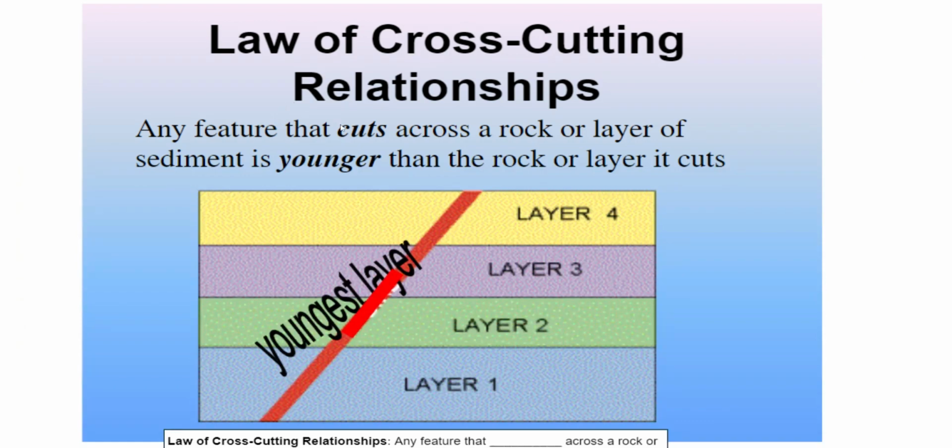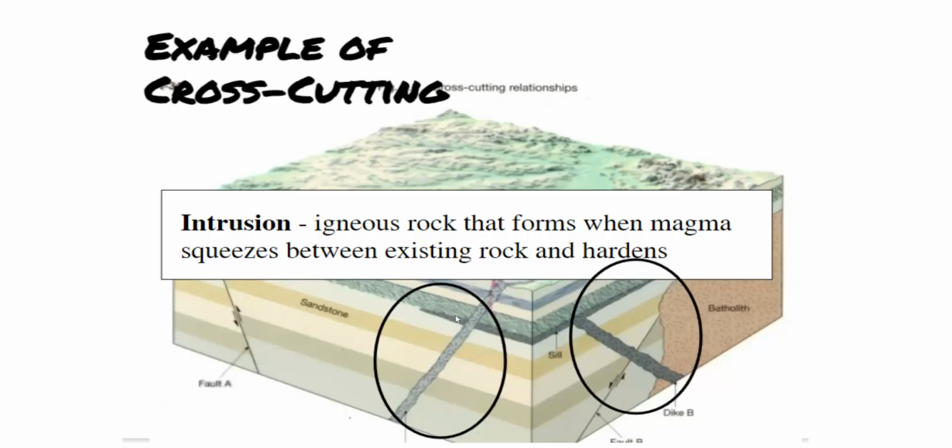Any feature that cuts across a rock or a layer of sediments is younger than the rock layer it cuts. If you have rock layers, anything that cuts through those rock layers will be younger than the rock layers themselves. So we call this a lot of times an intrusion, and it happens with igneous rocks.